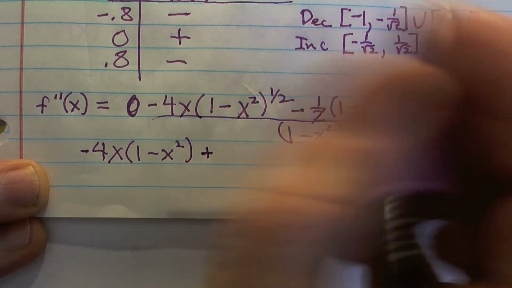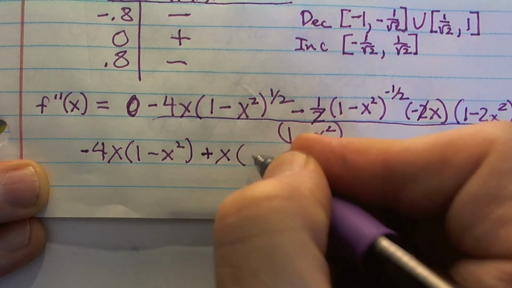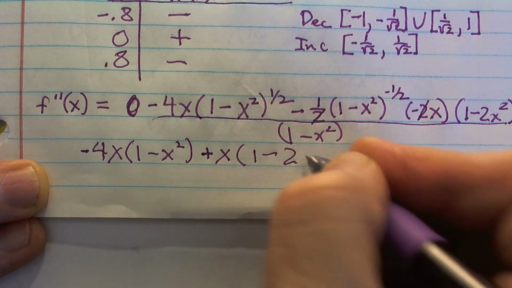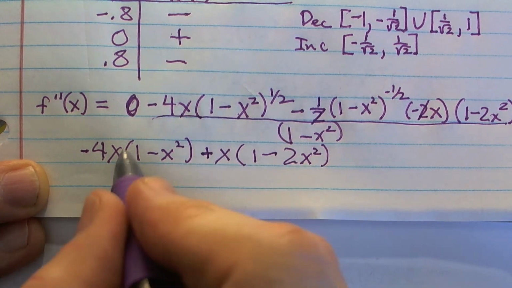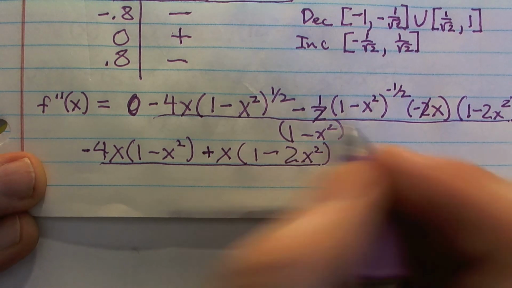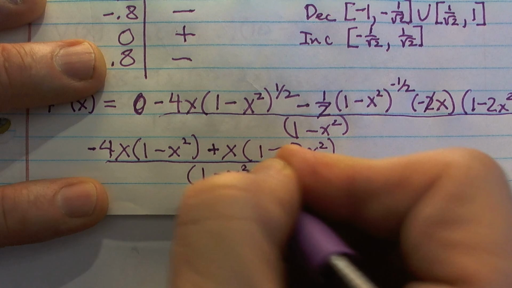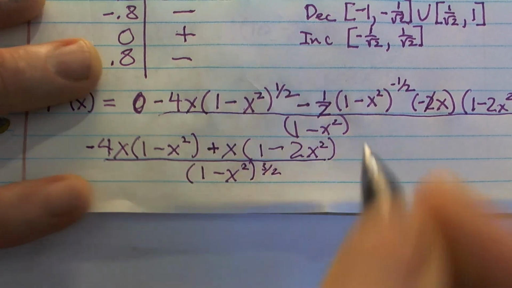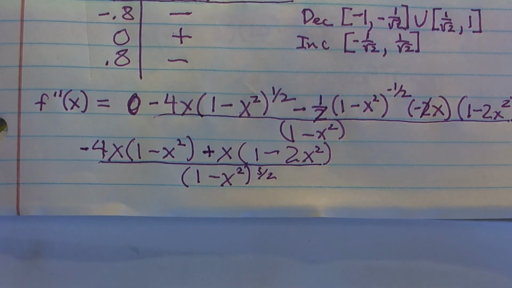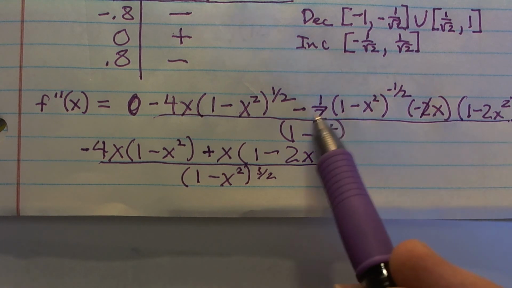Let's see what we get. We get x times (1 minus 2x squared), all over the bottom, which I multiplied by the square root. So now I'm going to have (1 minus x squared) to the 3/2. Okay, so there's what we've got. Hopefully I didn't mess up here in any way, but it looks pretty good.